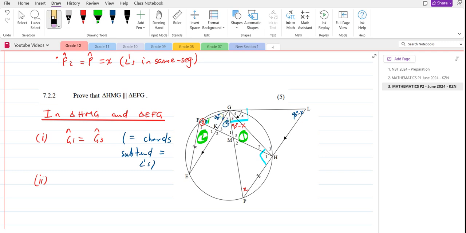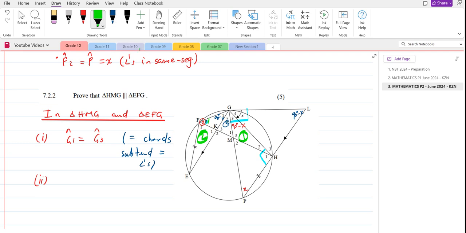But how did we get 90 minus x over here? That's a problem. So if I can get this to be 90 degrees, that's x, then H2 will become 90 minus x.